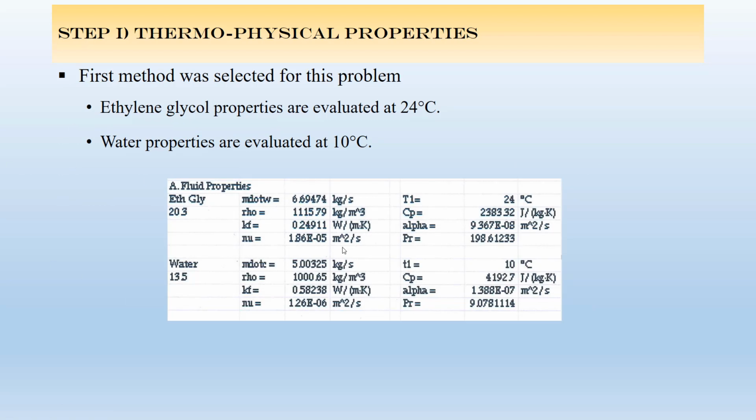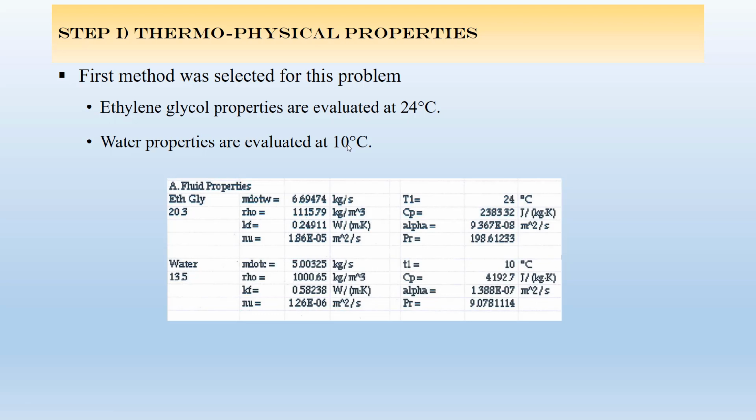Or what you can do, you can actually use these two inlet temperatures to find the average temperature, which is 34 over 2. It's something around 17.